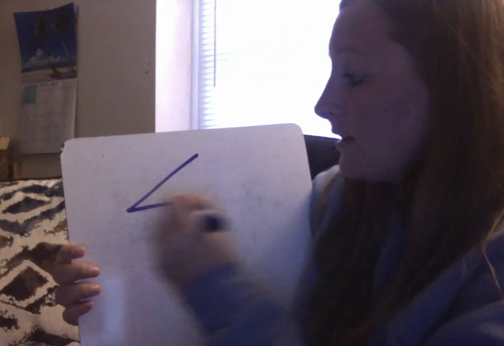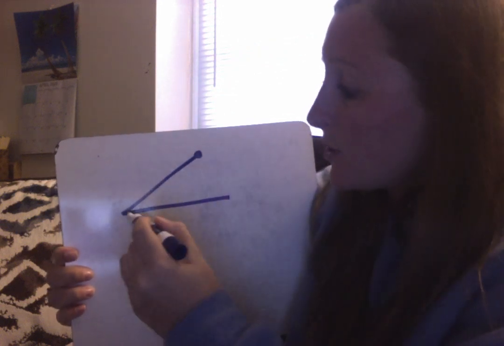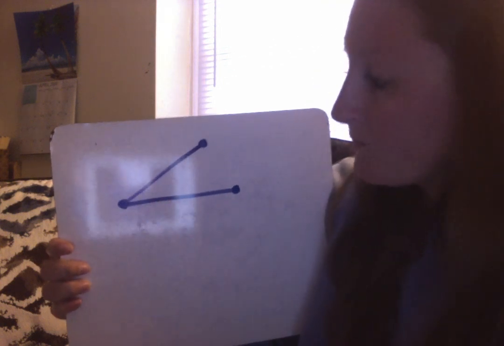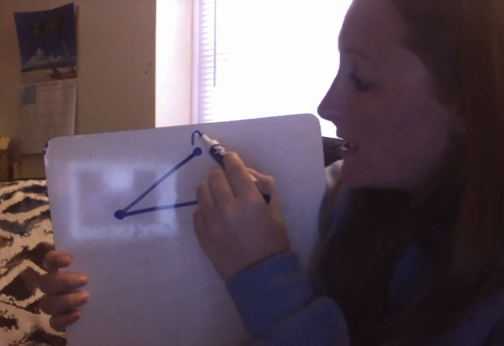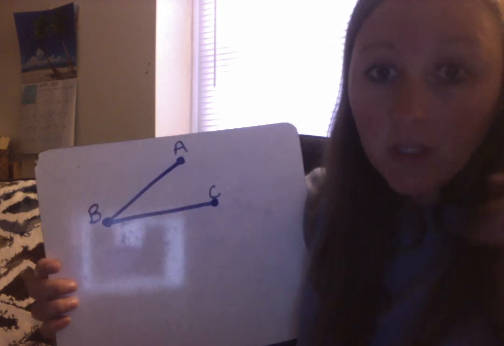Great idea, folks. So, this is what it looks like. If I had an angle that looked like this, okay, and it has 3 points to it, and this is point A, point B, and point C, okay?